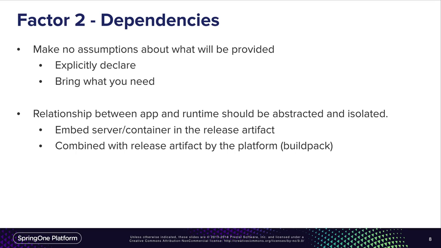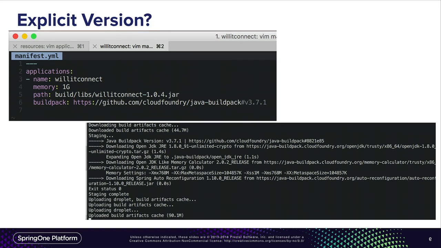The second piece here is you really want to isolate that relationship between your app and the runtime. So with Spring Boot, we've got the embedded Tomcat or embedded Jetty. And then you have the build pack that combines the release artifact with the configuration and lets you actually run your application. On Cloud Foundry, there's a couple ways you can do that. You can explicitly declare your build pack in the manifest.